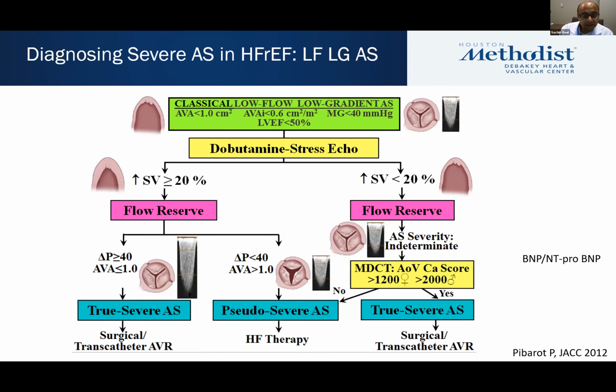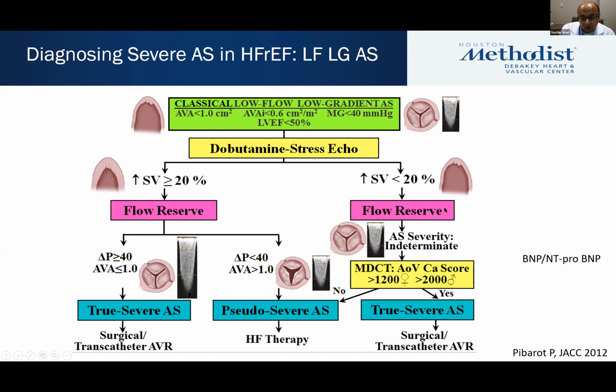Often the approach for these patients is to do a dobutamine stress echocardiogram to look for contractile reserve, which is defined by an increase in stroke volume of more than 20%. If they have contractile reserve and the gradient goes up to more than 40, they are diagnosed with true severe AS. On the other hand, if the valve area increases but the gradient doesn't, that is considered pseudo-severe aortic stenosis, and heart failure therapy is recommended.